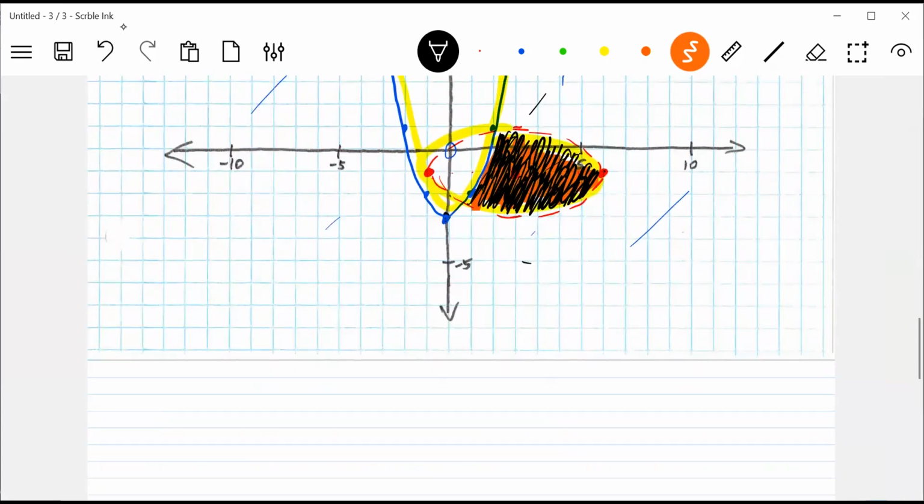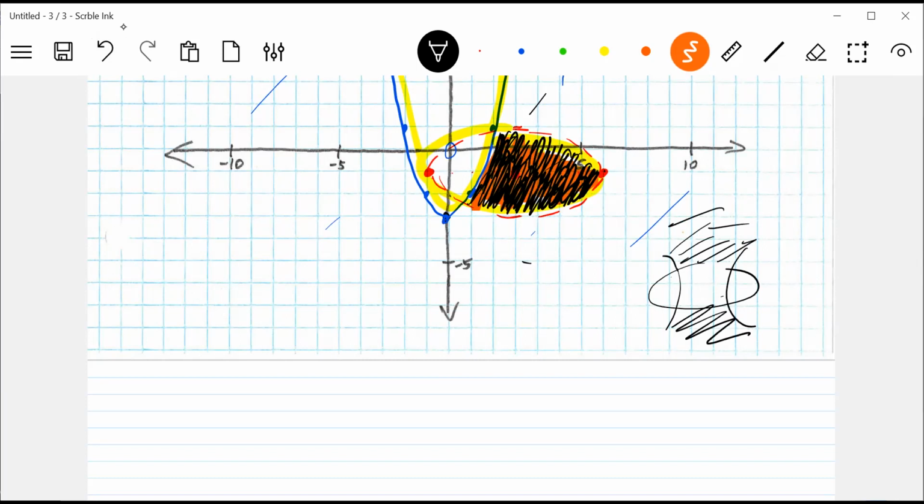Just as a quick thought, we could have something like a hyperbola with an ellipse here, and it would be the inside of the ellipse and the outside of the hyperbola. So it could be this part that was shaded, or it could be the outside of the ellipse and the outside of the hyperbola, and that would count for all of that area.